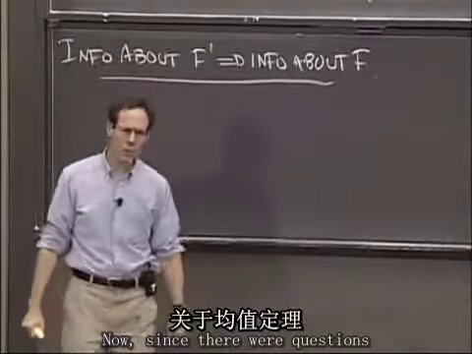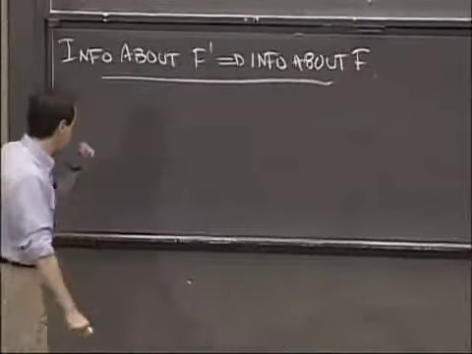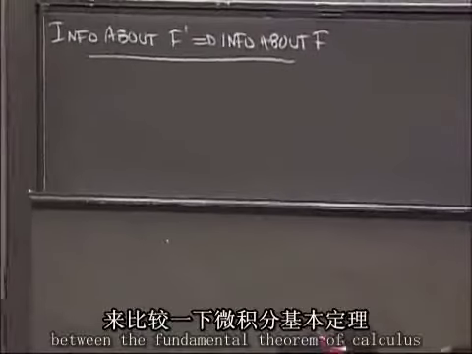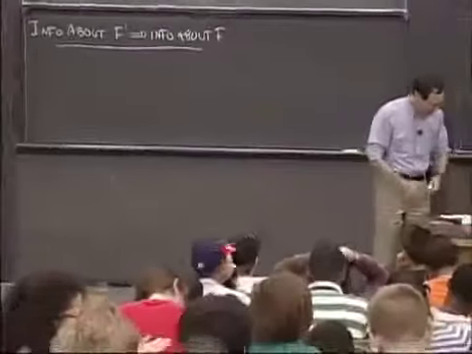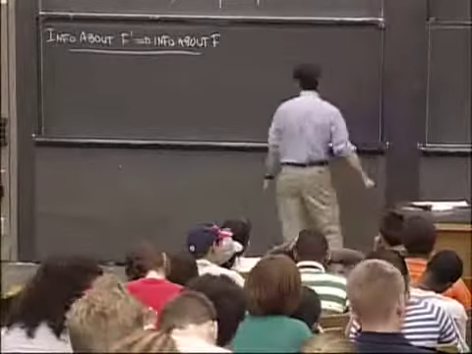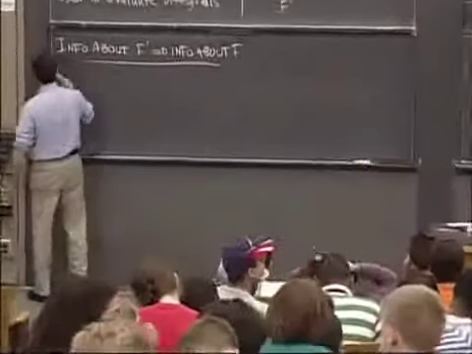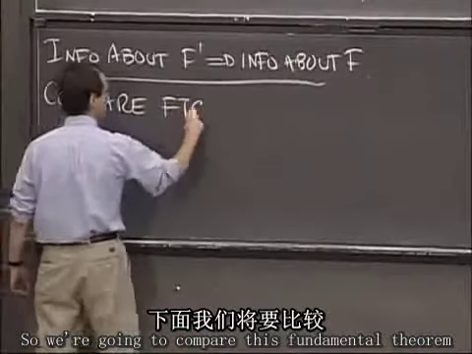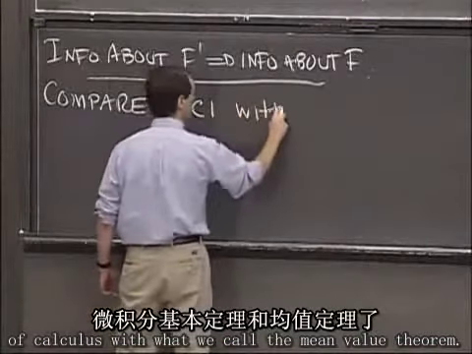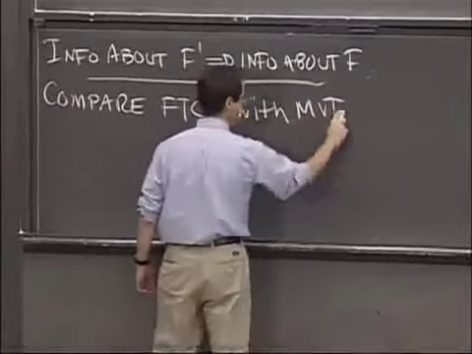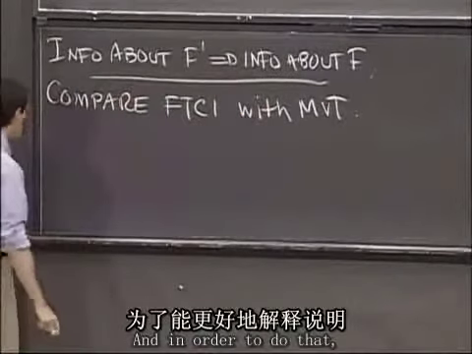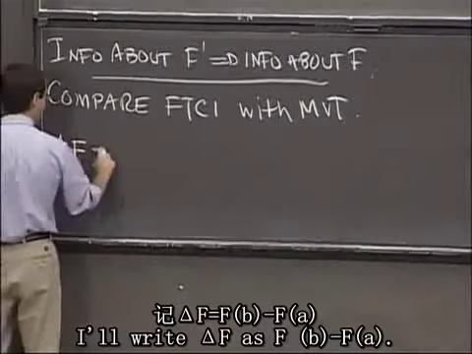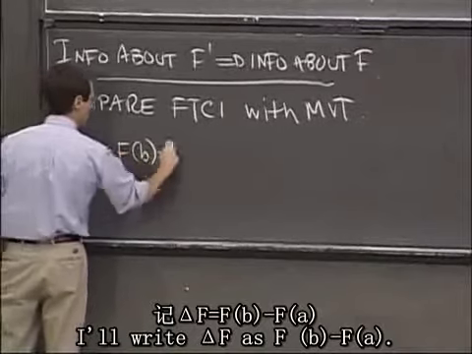Now, since there were questions about the mean value theorem, I'm going to illustrate this first by making a comparison between the fundamental theorem of calculus and the mean value theorem. And in order to do that, I'm going to introduce a couple of notations. I'll write delta F is F of b minus F of a.